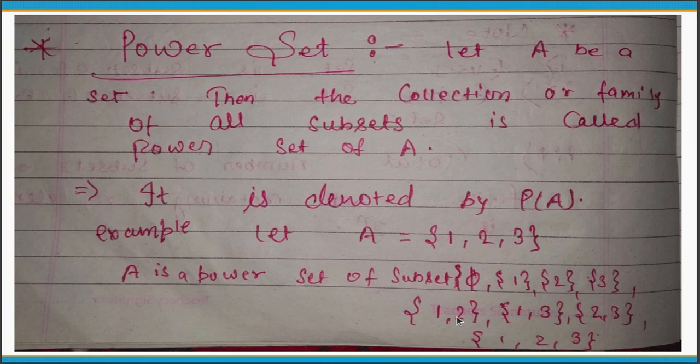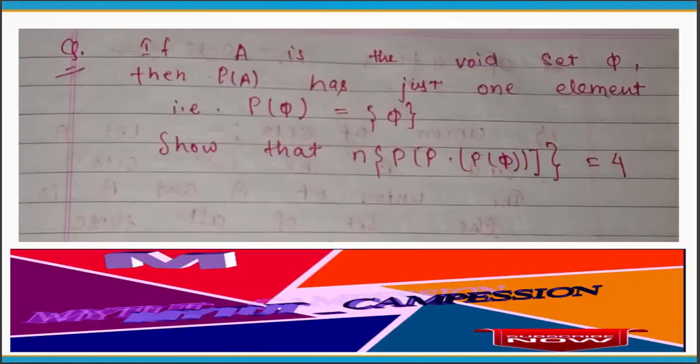The number of subsets becomes 8. They are phi, {1}, {2}, {3}, {1, 2}, {1, 3}, {2, 3}, {1, 2, 3}. These are all the subsets of set A, and its family, the set of all subsets of set A, is known as the power set of A.